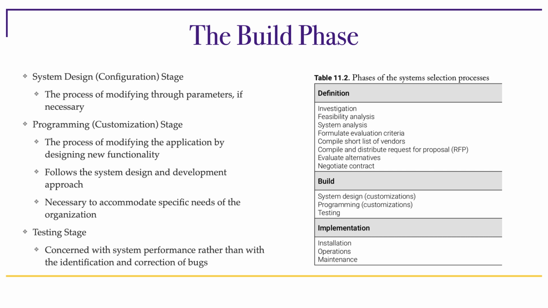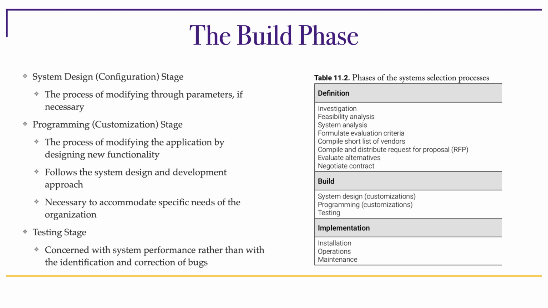There are also situations where programming might be needed. If configuration is not enough, then there will be customization of the software. And this will be the process of actually modifying the application or adding components to it, so-called bolt-on components, for example, for ERPs, as you know from chapter 3.